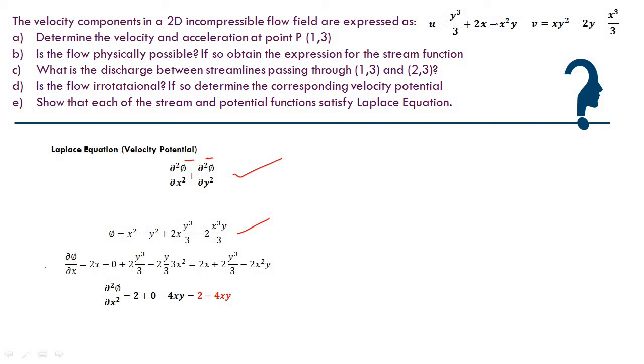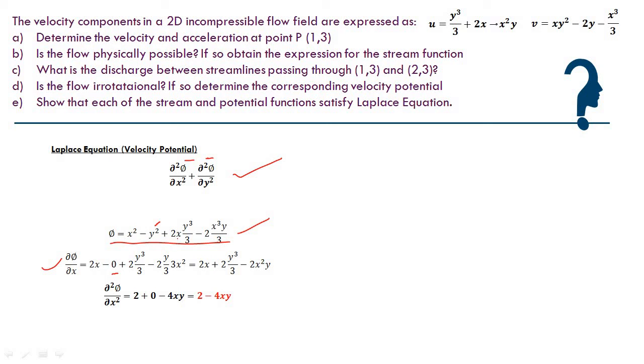So you differentiate, first dou phi by dou x. You are differentiating the whole equation with respect to x. The differential of x square with respect to x is 2x, the differential of y square with respect to x is 0.